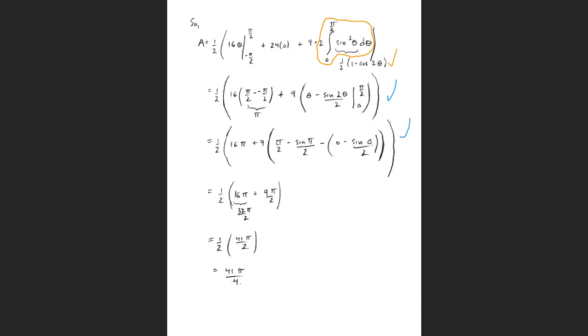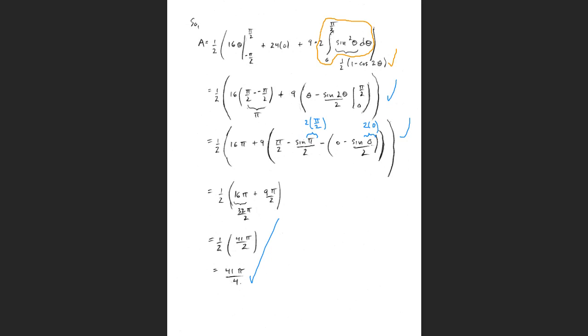So the pi here, of course, comes from 2 times pi over 2. And the 0 here comes from 2 times 0. And you'll work it out, and you'll get 41 pi over 4 as the answer. And that's what WebAssign's going to want.